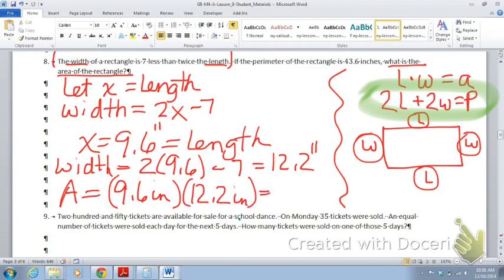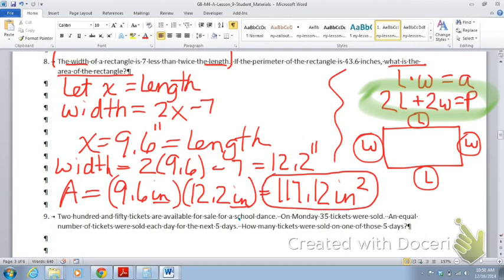And that's going to be 117.12. And the units on that are inches times inches, which is inches squared or square inches. So my area here is 117.12 inches squared.